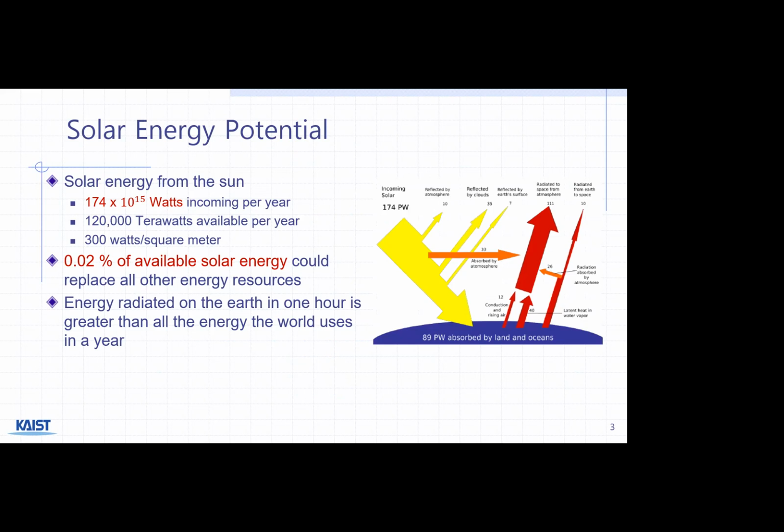This corresponds to a value of 300 watts per square meter. 0.02% of available solar energy could replace all other energy resources. Energy radiated on the Earth in 1 hour is greater than all the energy the world uses in 1 year.